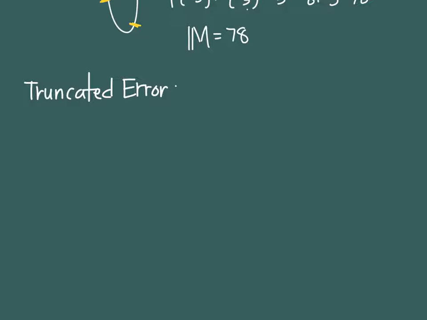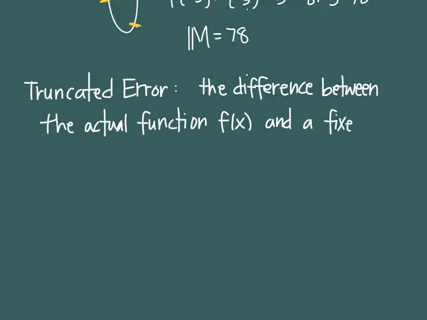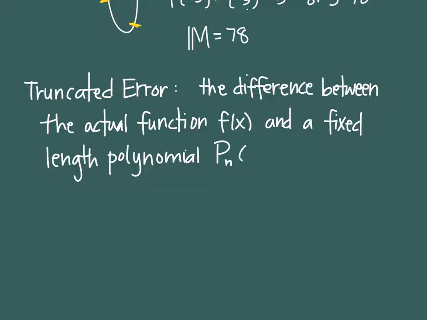Truncated error is the difference between the actual function f of x and a fixed length polynomial, which we defined last week to be p sub n of x.